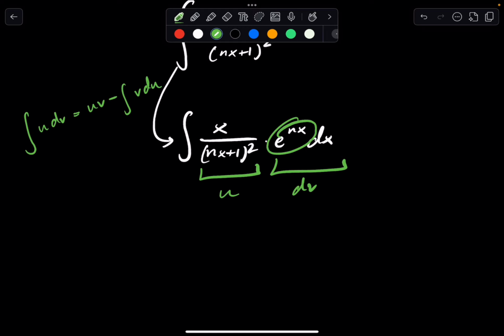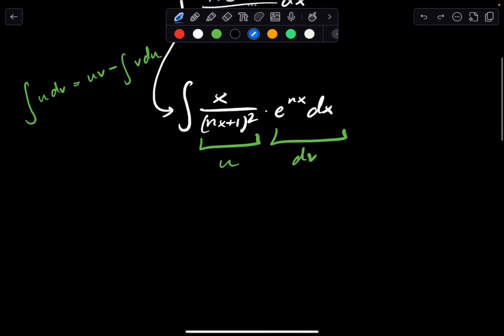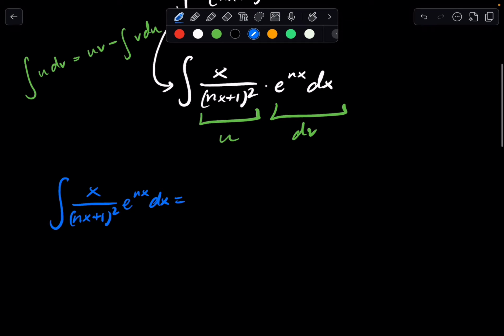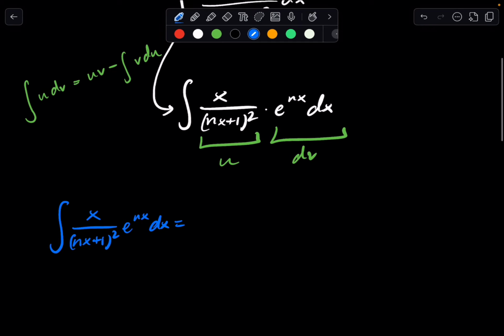And I remember that I said the e to the nx is nice because we're going to be integrating the dv to get the v in this case. So let's say we try this. That means that our integral, the integral of u dv, e to the nx dx, is equal to uv minus the integral of v du. So we have to find du and v.